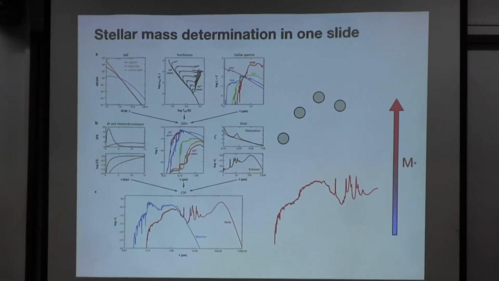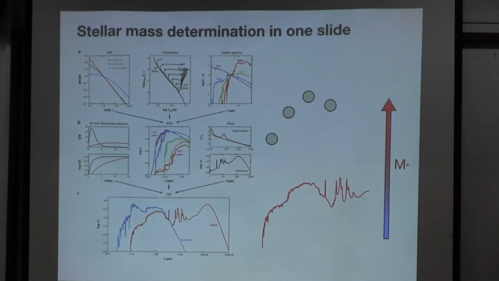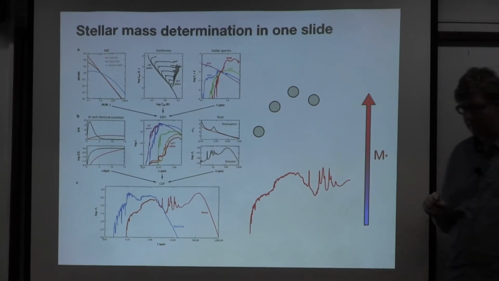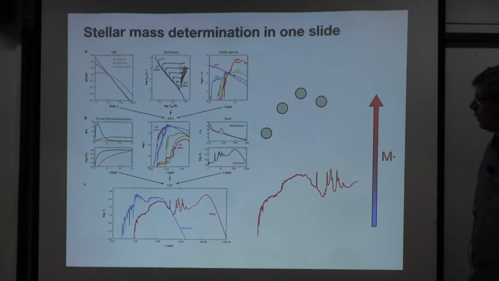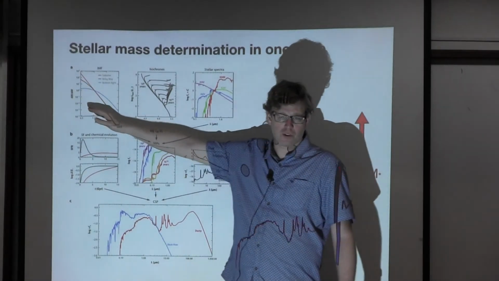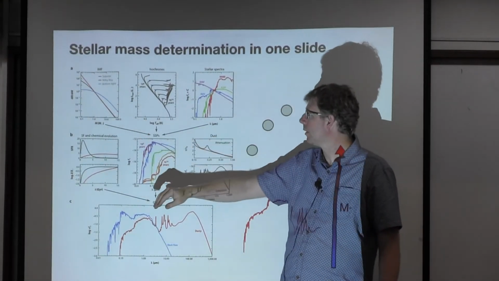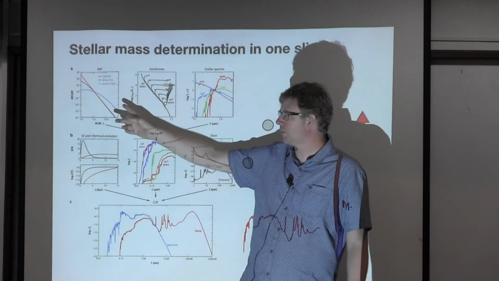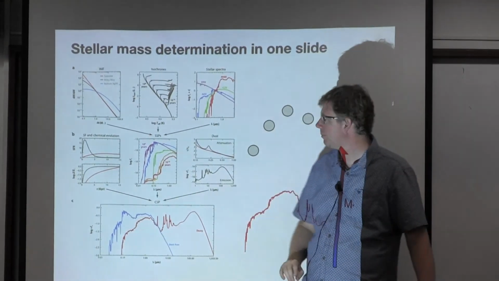So there are 3 steps to it. The first is to make a model. So what are the ingredients of this model? Well, firstly, you have to have an initial mass function that tells you the distribution of masses of stars. Then you need isochrones that tell you the luminosity of a star for its given temperature.